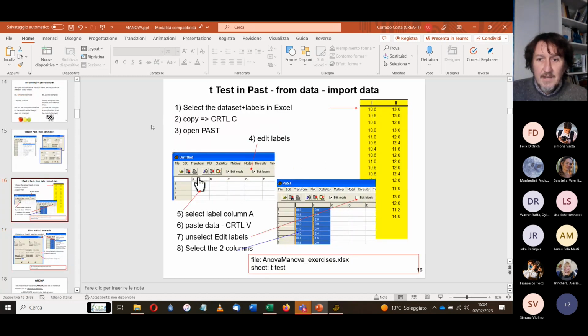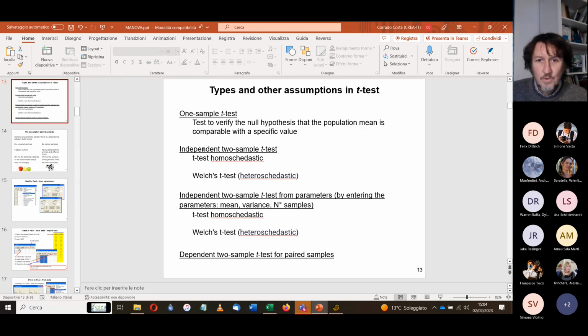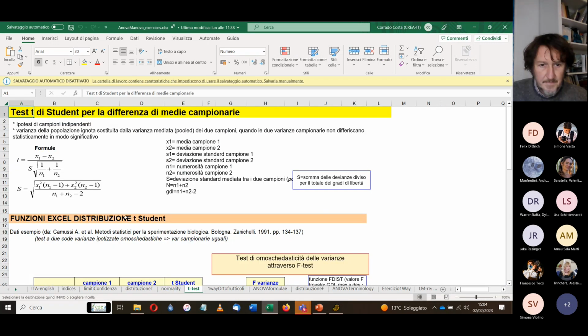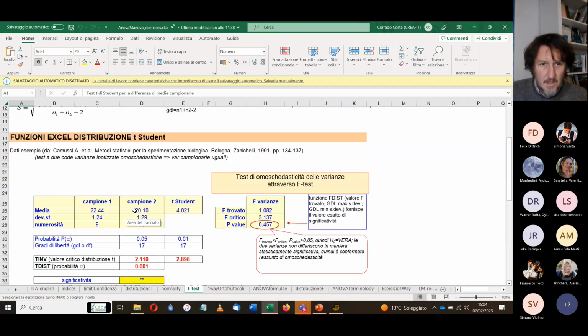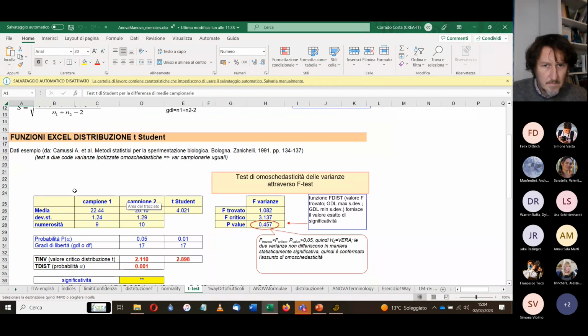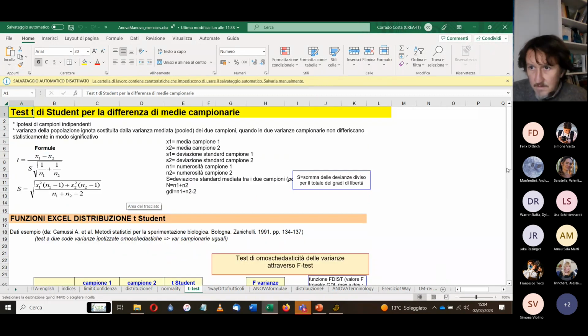So let's try the t-test option here, the t-test with two samples. We have to go in the file MANOVA exercises, the sheet t-test. Where is the... I couldn't find it, no, sorry.